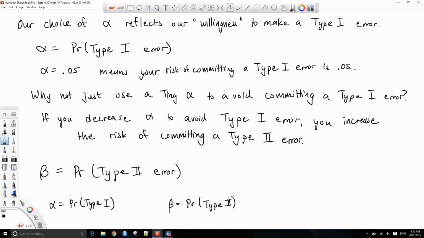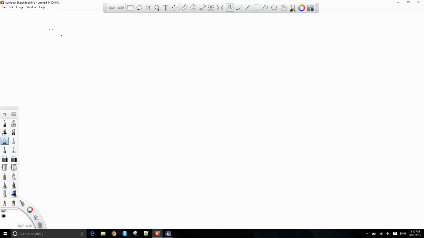Okay, imagine a criminal trial. In our justice system, we always say the defendant is presumed innocent until proven guilty. So when we set up our null and alternative hypotheses, one will be the defendant is innocent and the other will be the defendant is guilty. Which one is the null?